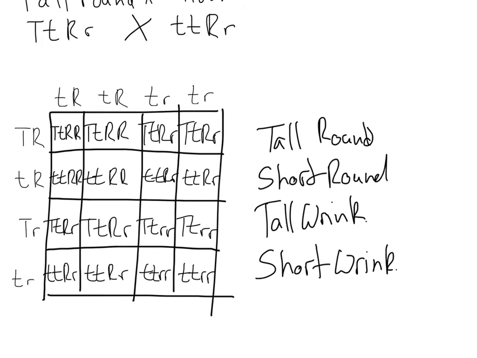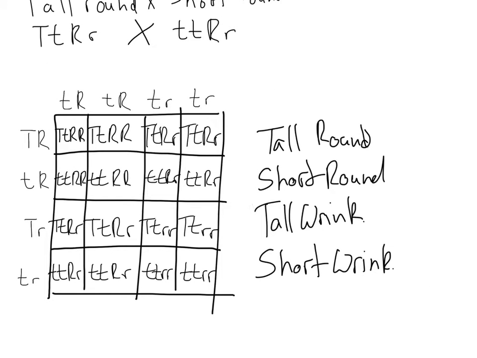So let's see what proportion are going to be tall and round. Remember, so I'm going to highlight everything that is tall and round in red like this. So we got 1, 2, 3, 4, 5, 6, and the rest of them are either short and round like these, tall and wrinkled like these, short and round, or short and wrinkled.